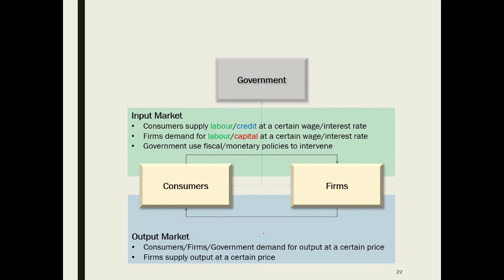At the same time, rich consumers provide credit to poor consumers in the credit market, and capital-abundant firms invest for the future production in the capital market. To stabilize business cycles, the government uses its fiscal policy and monetary policy to intervene the quantities and prices of the output and input markets.